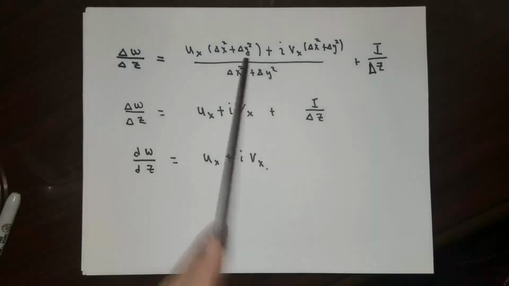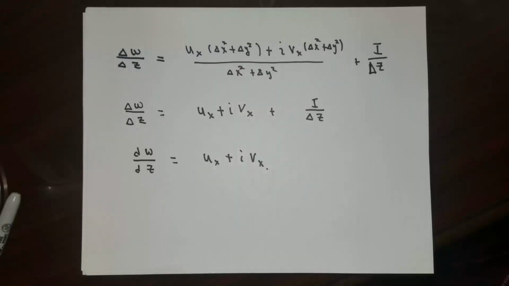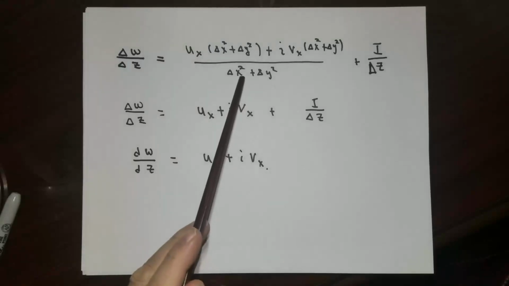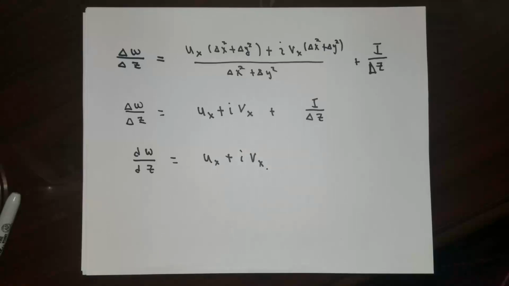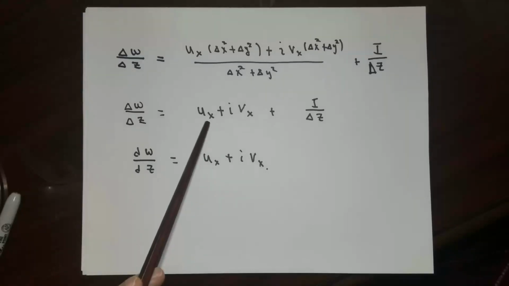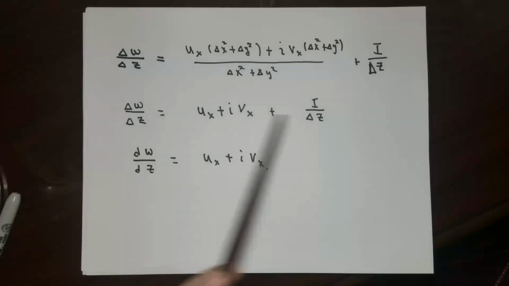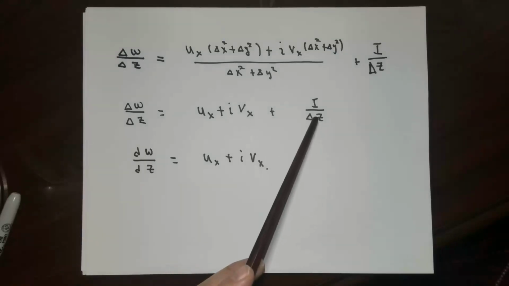In the numerator, factor out delta x squared plus delta y squared and cancel it with the 1 at the bottom. Then, when you take the limit as delta z tends to 0, this is a constant, that's a constant, and that tends to 0.